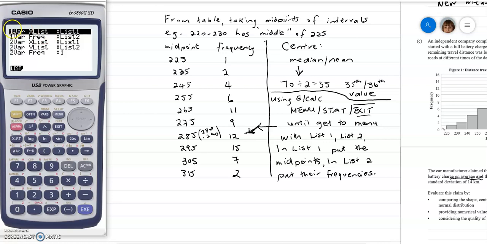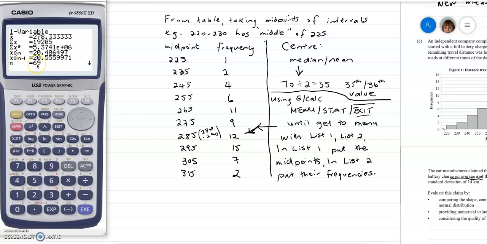We check that our X list is what we want, and that we've got frequency set to list 2. You can use the list and choose 2 if it's not set like that. Okay, so it's where we want it to be, and then we go 1 var for one variable, and that tells us that our mean is 278.3 and our standard deviation is 20.4.